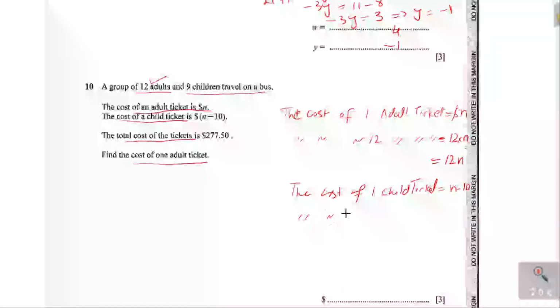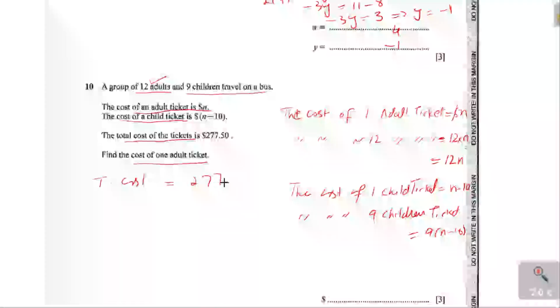The cost of one child ticket is N minus $10, and the cost of 9 children tickets will be equal to 9 into (N minus 10). The total cost here is 277.5, and the total cost by expression will be 12N, the cost of adult tickets, plus the cost of children tickets, and this is equal to 277.5.